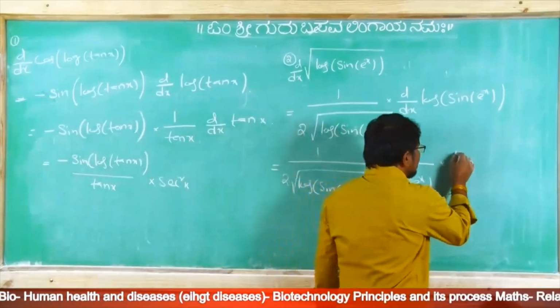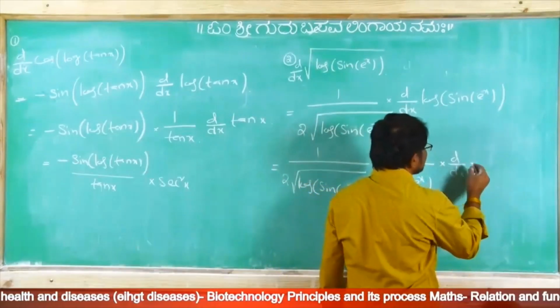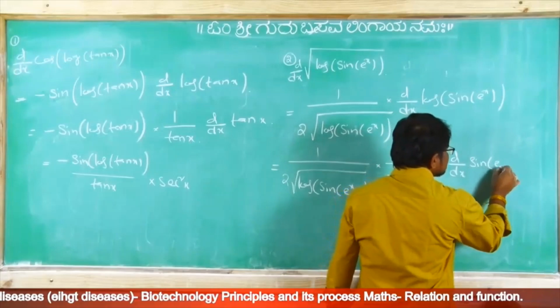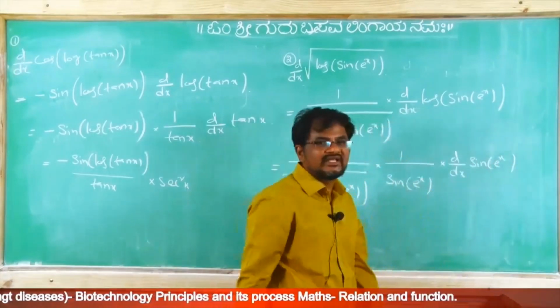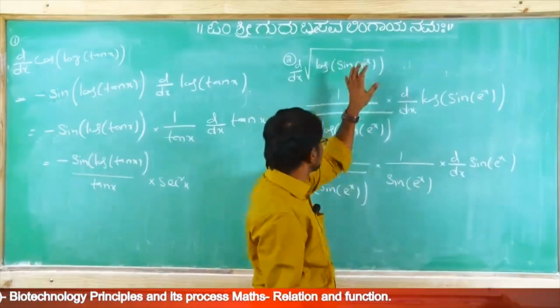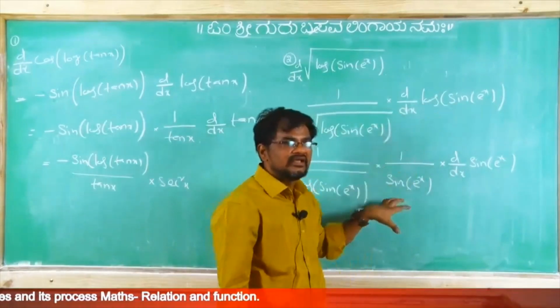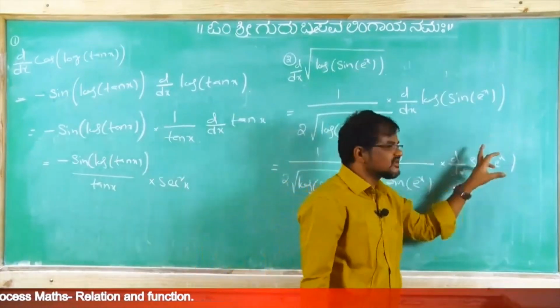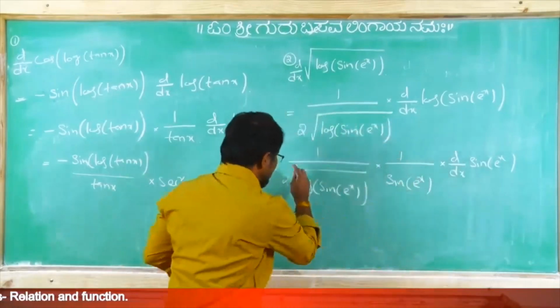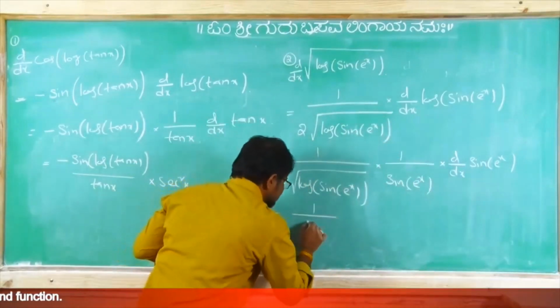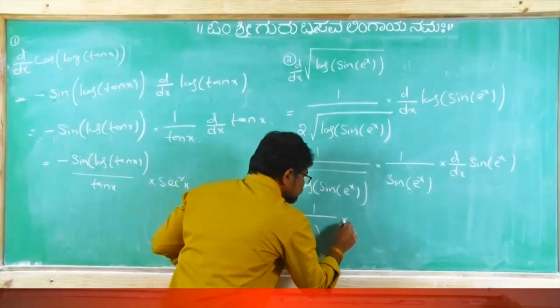Again we have to do the differentiation for sine of e power x. Once again, see, root gives 1 by 2 root, differentiation of log is 1 by x, again differentiation of sine. Now this one as it is we have to write, 1 by this one as it is, plus 1 by this one.